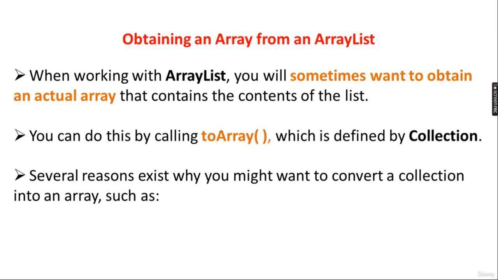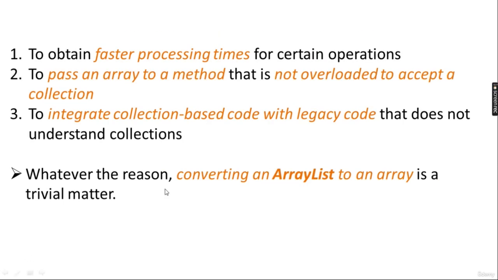Several reasons exist why you might want to convert a collection into an array, such as to obtain faster processing times for certain operations, in terms of time complexity, when you want the array representation of the ArrayList. Again, to pass an array to a method that is not overloaded to accept a collection: if your method definition takes an array, not an ArrayList, you will simply convert the ArrayList into an array. And to integrate collection-based code with legacy code.